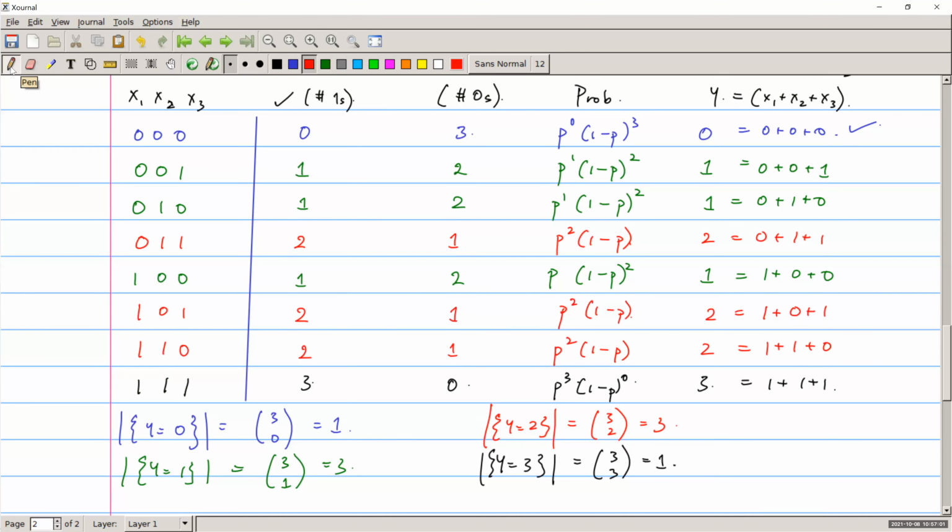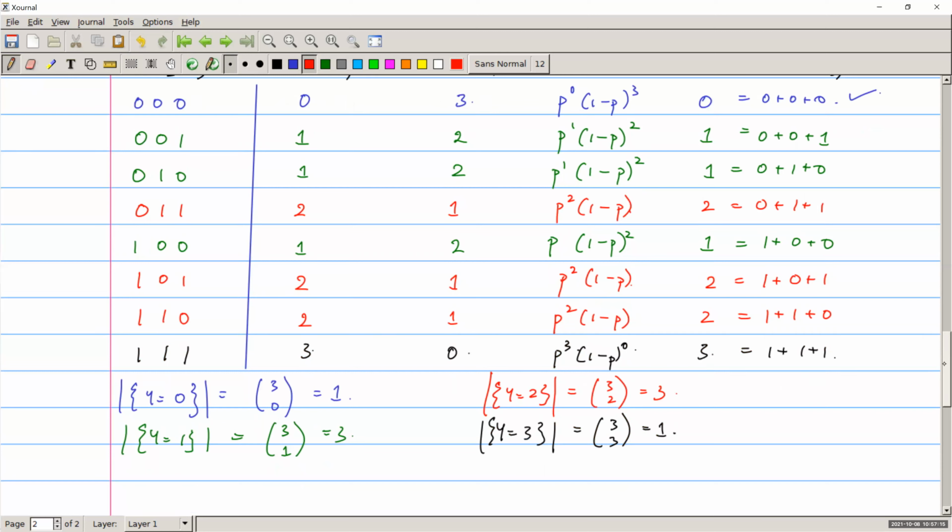So this is what is happening: the values of y partition the universe into various subsets. The events are y equals 0, y equals 1, y equals 2, and y equals 3. In general, there will be the events y equals 0, y equals 1, all the way up to y equals n.